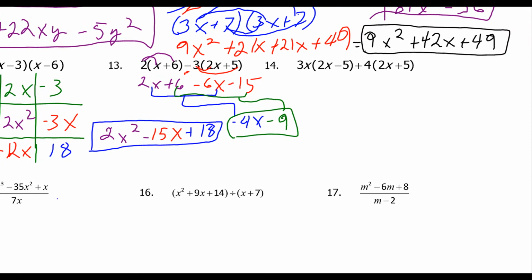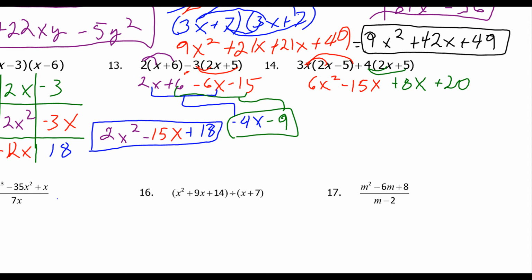Okay, number 14 is the exact same thing. If you'd like to pause and try to do this on your own, you can. I'm going to keep on going now. 3x times 2x is going to be 6x squared. And then 3x times negative 5 is going to be negative 15x. And then we shoot this 4 across to both of those, and that's going to be plus 8x plus 20.